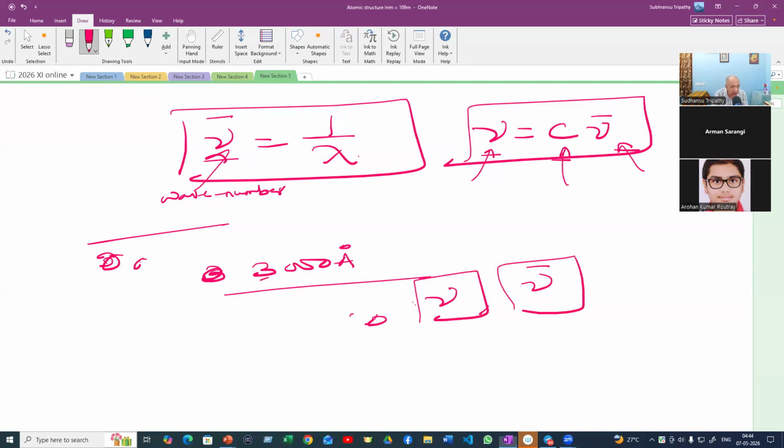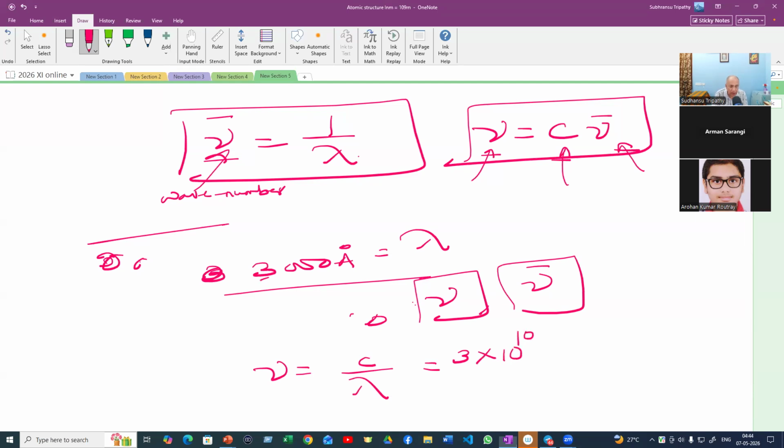This 3000 angstrom means I have given the data lambda. So these are the three, they are interrelated by the constant C. So the moment I ask you to find frequency, you relate nu is equal to C by lambda. C is equal to 3 into 10 to the power 10.